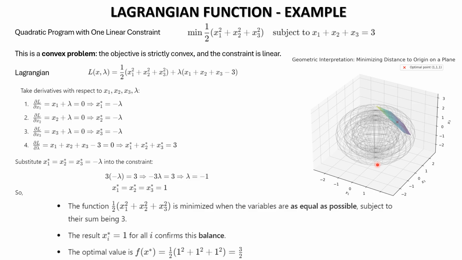And the constraint set defines a plane in the 3D case. So the feasible region is the intersection of this plane with the 3D sphere somewhere. And what's happening geometrically? We are looking for the point on the constraint plane that is closest to the origin, because minimizing this half squared norm is the same as finding the closest point to the origin.